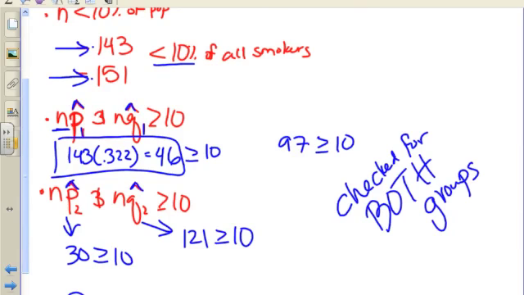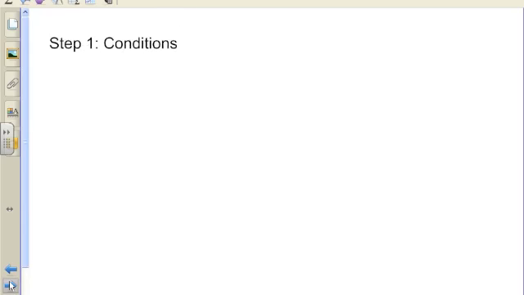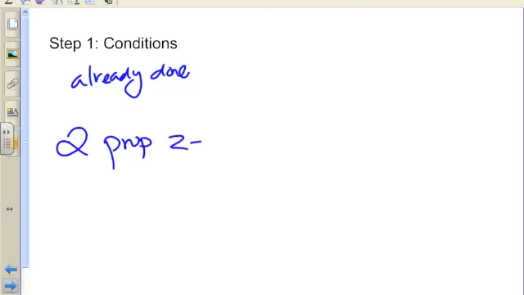Remember, there's two groups, so we had to do np and nq twice, and we noticed they were all greater than or equal to 10. All right, so conditions, we already did. Hurrah. And instead of a 2 proportion z test, we're doing a 2 proportion z interval, because we're creating a confidence interval.